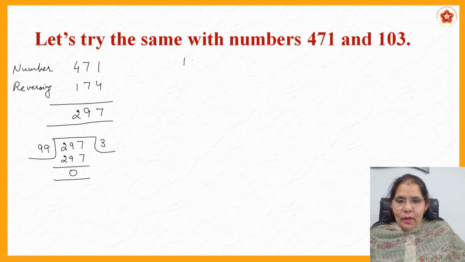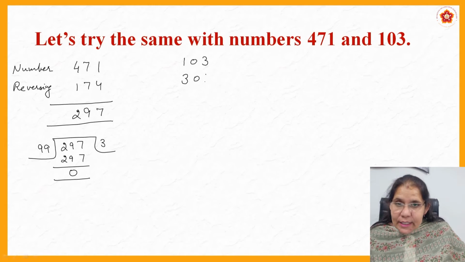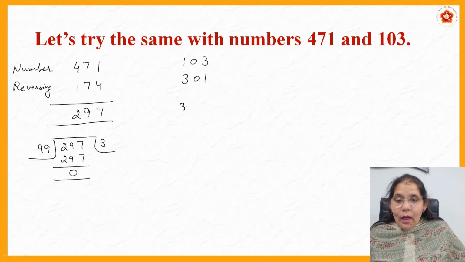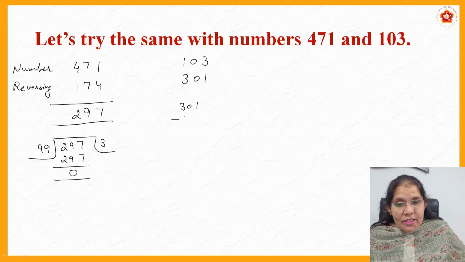So the same trick is true for the number 471. Let's see what happens if the three-digit number is 103. On reversing the digits, the number becomes 301. We have to subtract the smaller one from the bigger one.